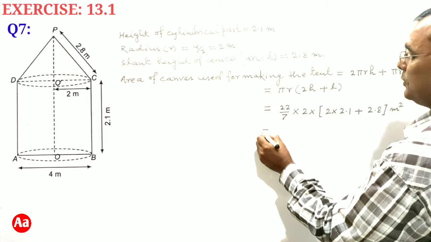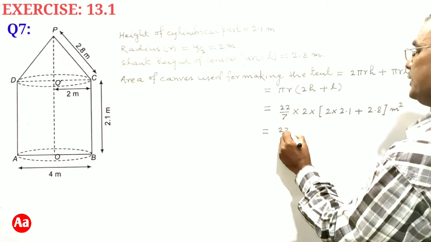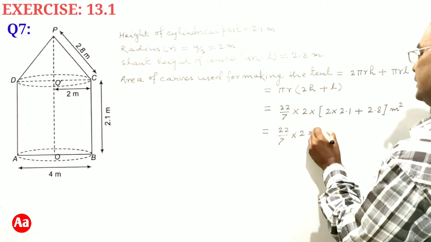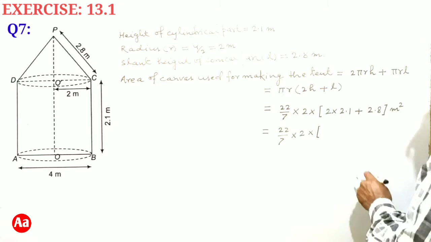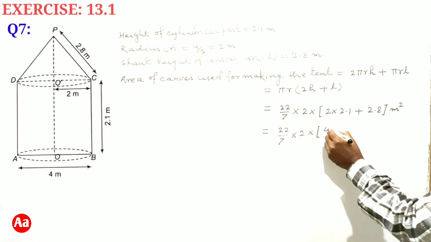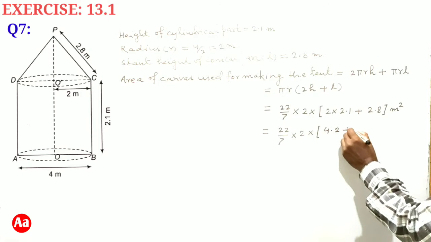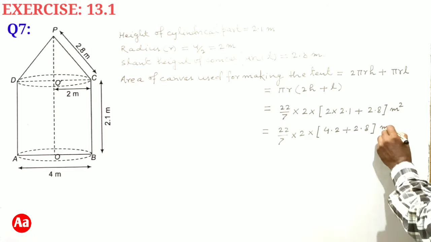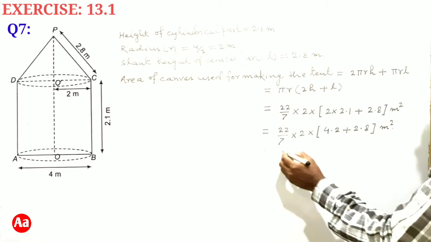This is equal to 22 by 7 into 2 into (2 into 2.1, 4.2 plus 2.8) meter square.